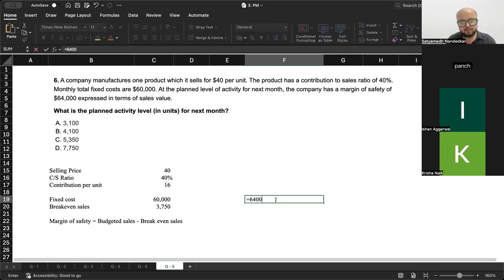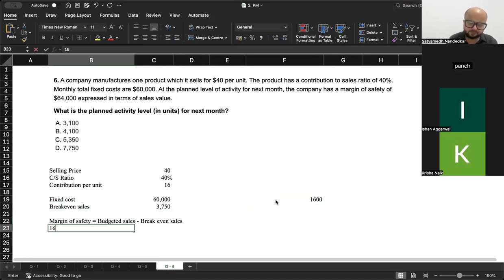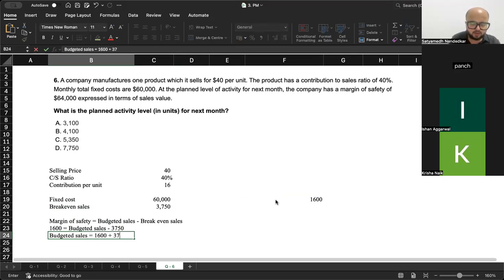Will this not be 64,000 upon 40? 1600. 1600 is equal to budgeted sales minus 3750. How much will budgeted sales be? 2150. 1600 plus 3750.